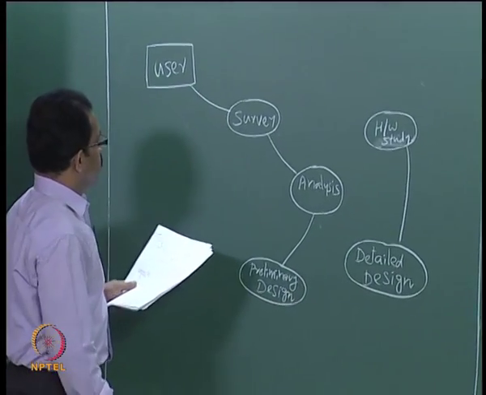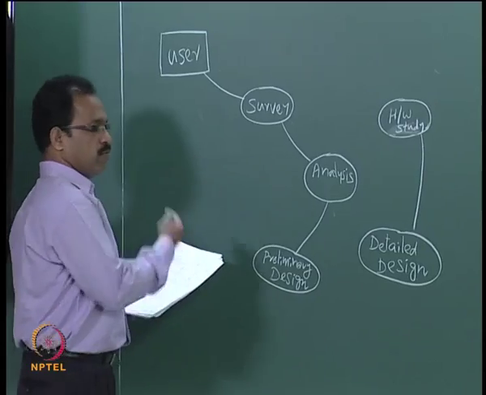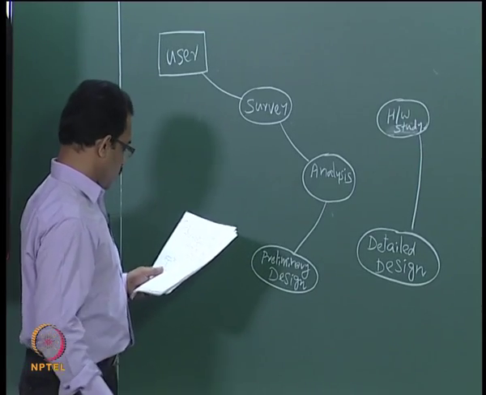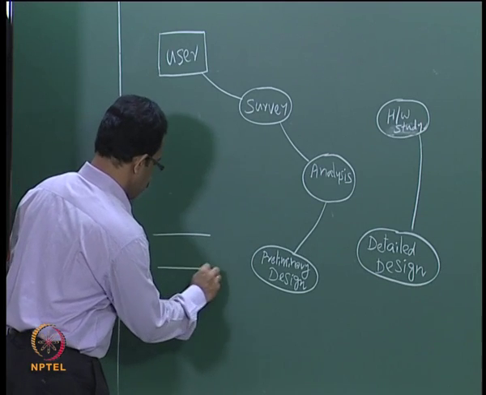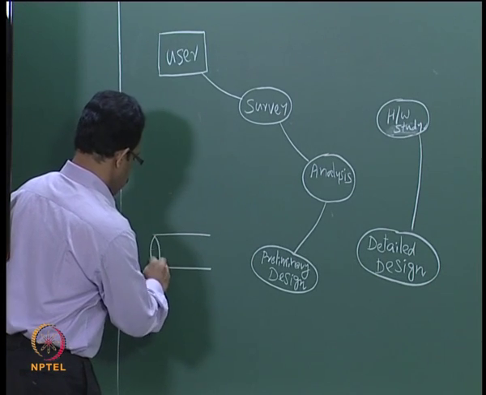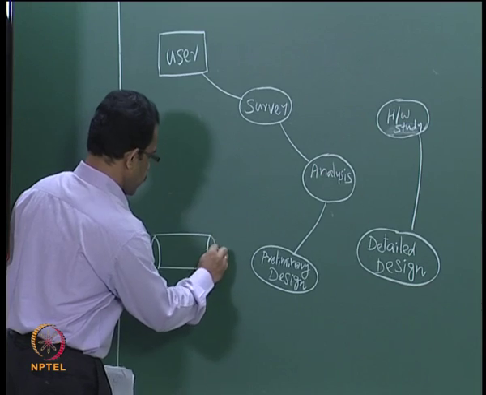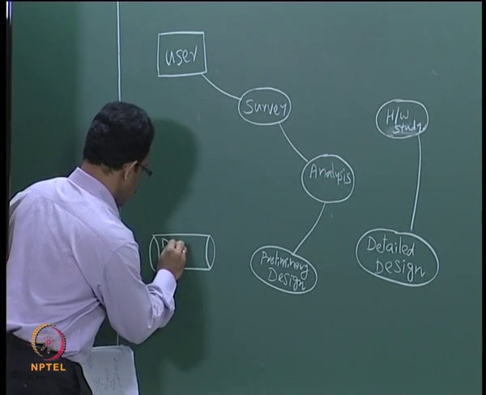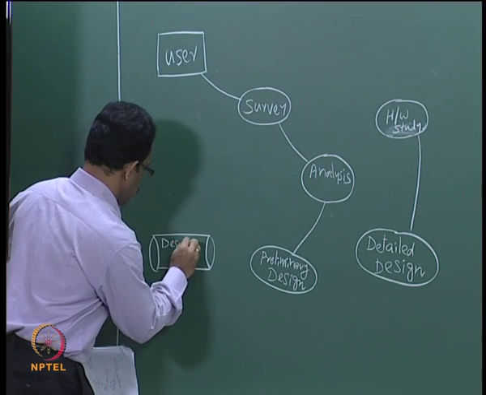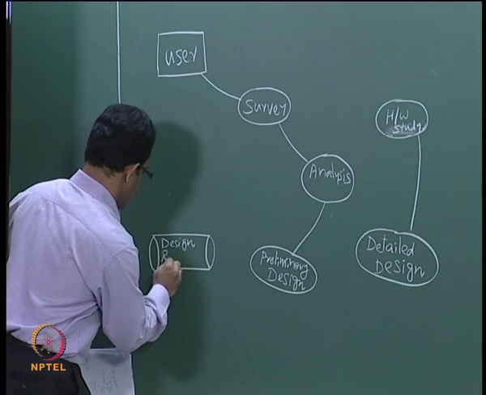Now we look at what kind of database is needed for this kind of design process. One is the design repository, or the design database. Whenever we go for a preliminary design, we look at the existing designs. So this is the design repository, where we have different designs already available.